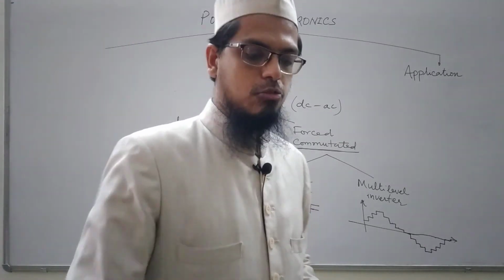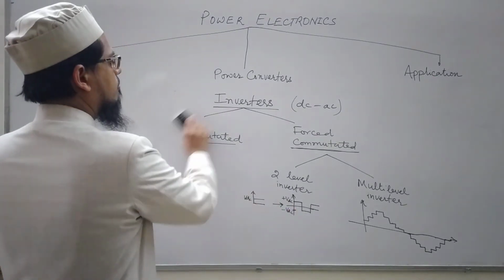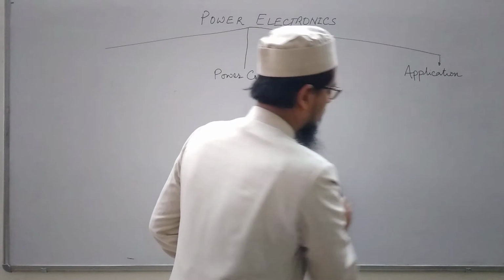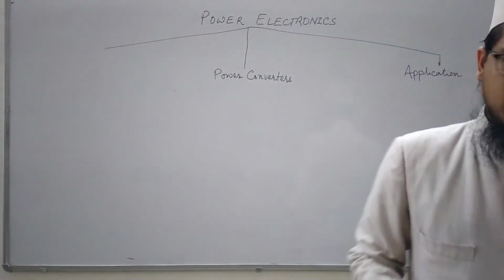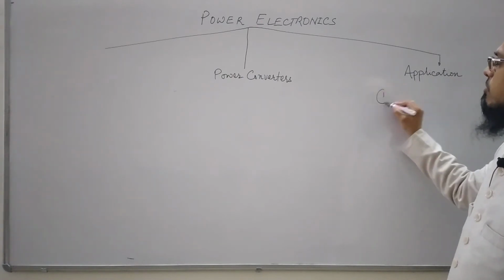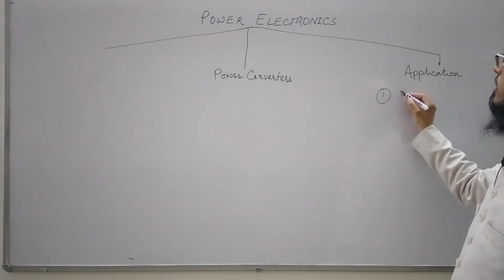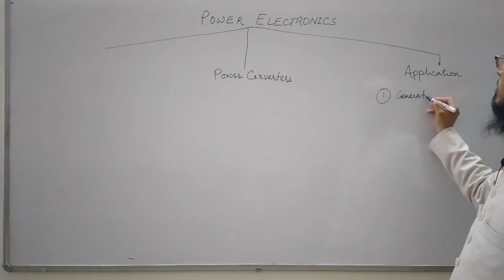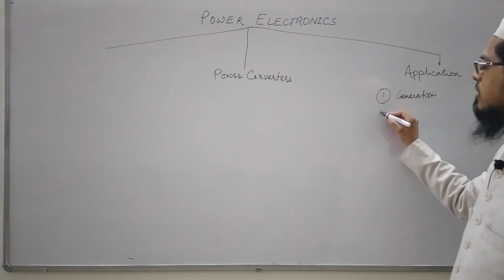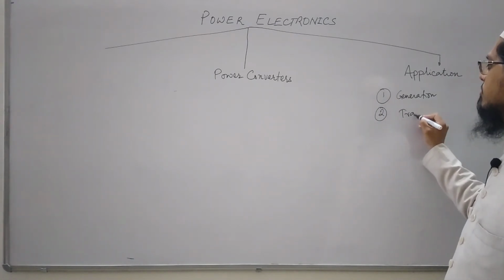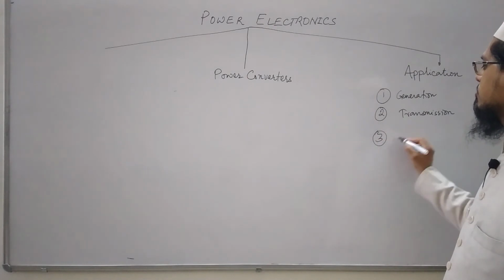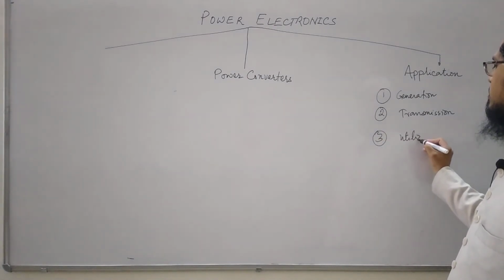So let me now move to the application of the power electronic converters. In one of my lectures I had already talked about the application in the generation part of the electrical power and the transmission part of the electrical power, and then the third one is your utilization part.